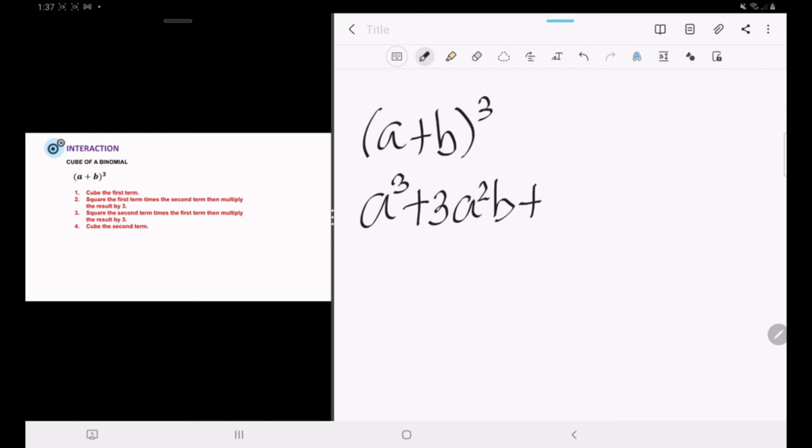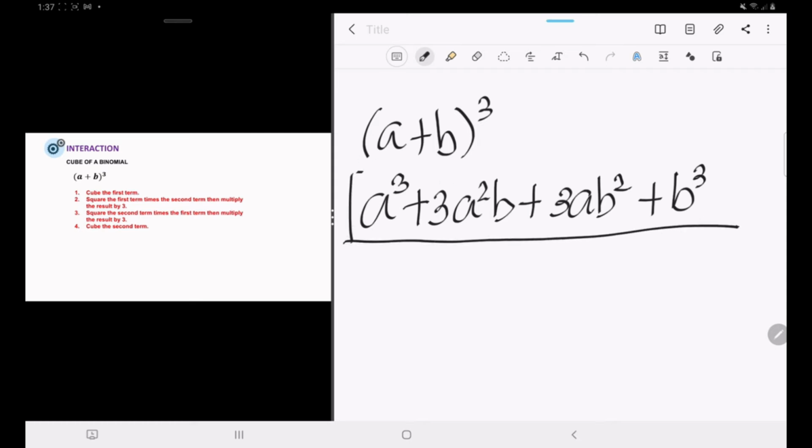Plus square the second term times the first term, then multiply the result by 3. So that's 3ab squared, plus the cube of the second term, so we have b cubed. Again, we will use this pattern to get the product of the cube of a binomial.